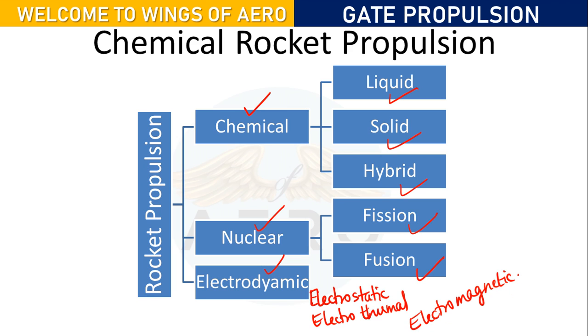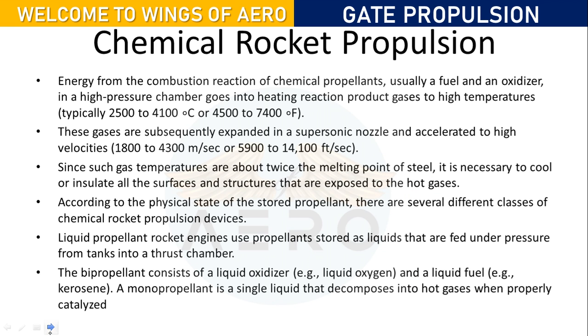Okay, so basically it has been classified, and these are the basic types. Now we will focus first on the chemical. Here the word chemical means that the propellant, that is the fuel that is used, will have some kind of chemical reactions. Under this chemical we have another three types.